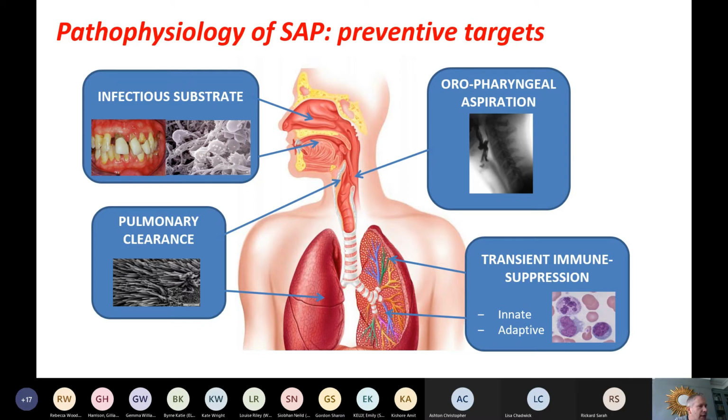So the second approach is around oropharyngeal aspiration, and many of you in the audience know a lot more of the detail and the physiology about how we protect our swallowing in terms of how we protect against aspiration, both in terms of traditional oropharyngeal aspiration, but also pulmonary clearance.